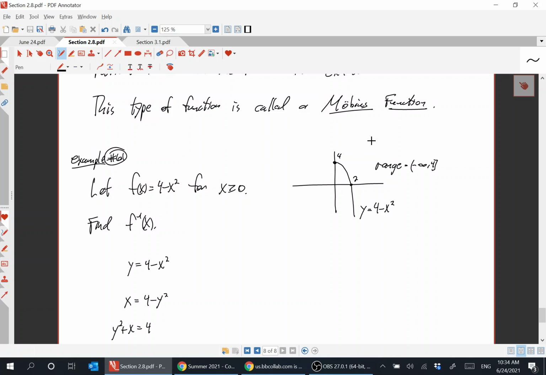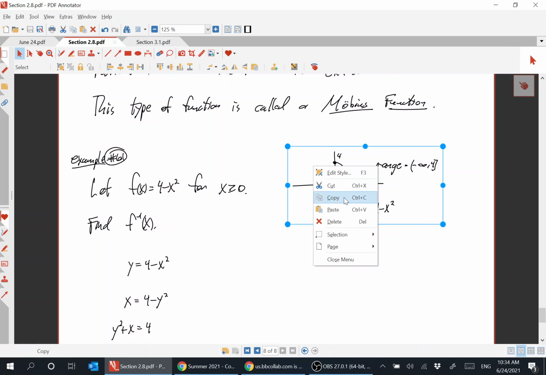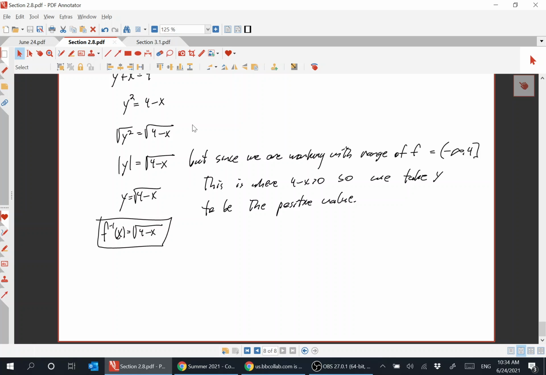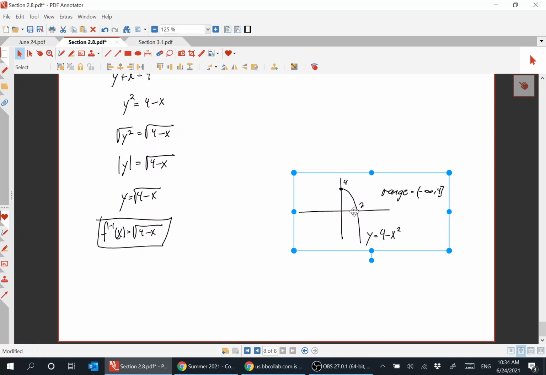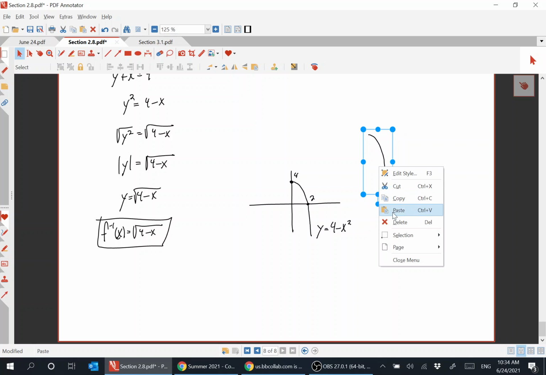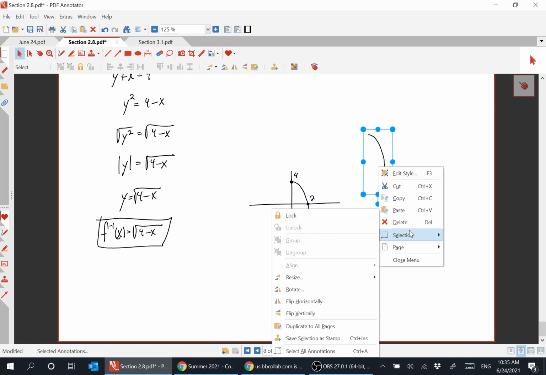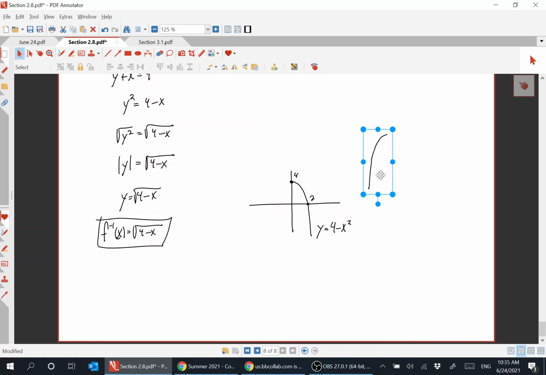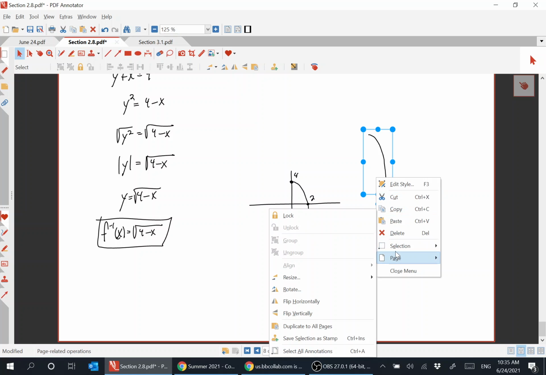Another reason why you can think of this as the positive square root value is if you take this graph right here, this is maybe a clearer explanation. You do the reflection around the line y equals x. So flip, rotate.